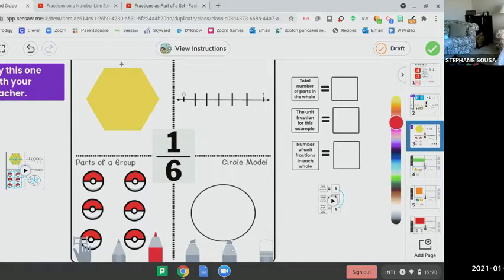And I want to point out something to you. Notice how many edges there are on the shape. 1, 2, 3, 4, 5, 6. There are 6 edges on the shape. We need 6 parts in our fraction. So I'm going to suggest that we think about each edge as a part of the piece that we're going to create.